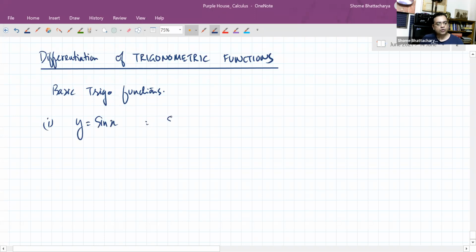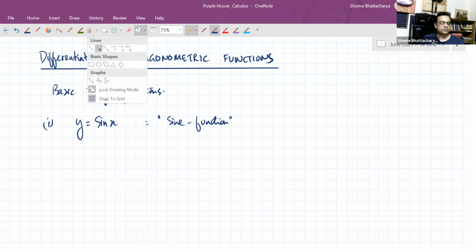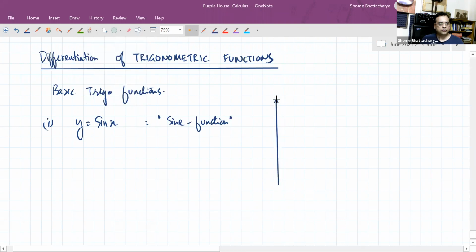Okay. It is also called the sine function, like we have the names quadratic function, linear function. This function is called the sine function. Okay. Its basic graph looks like this.